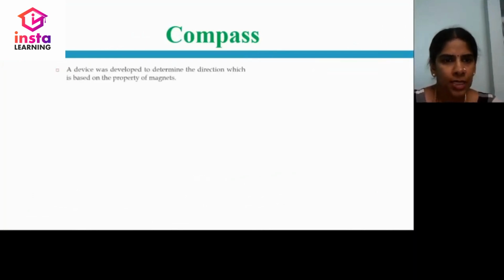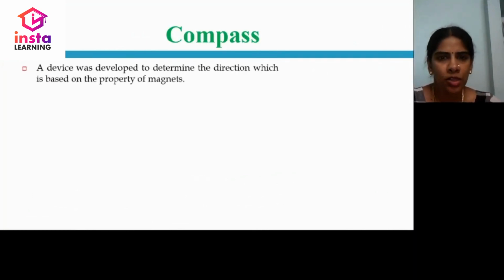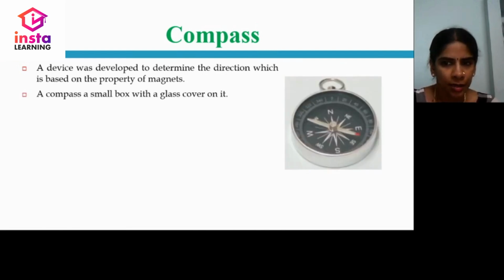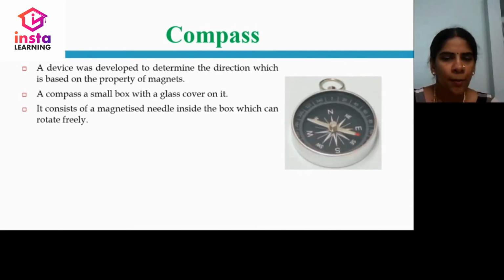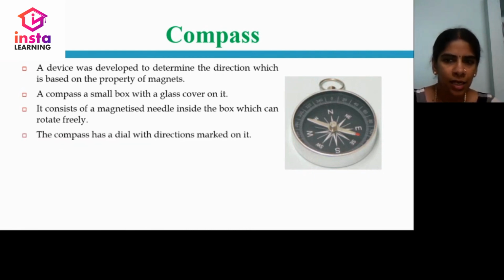Now, compass. A device was developed to determine the direction based on the property of a magnet. It is a small box with a glass cover on it. It consists of a magnetized needle inside the box which can rotate freely. The compass has a dial with directions marked on it.